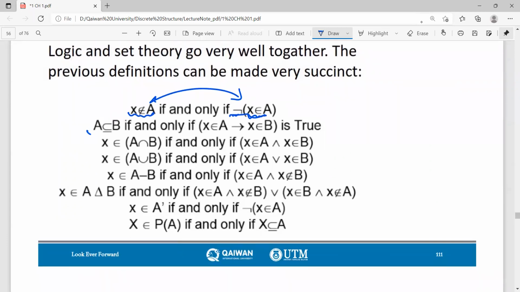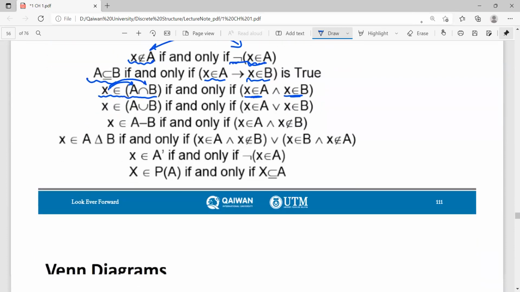We say A is a subset of B if and only if for all X in A, X is in B. That means if we take any element from A, we can find that element in B. And for X to be an element in A intersection B, it must be in both sets: X is in A and X is in B.